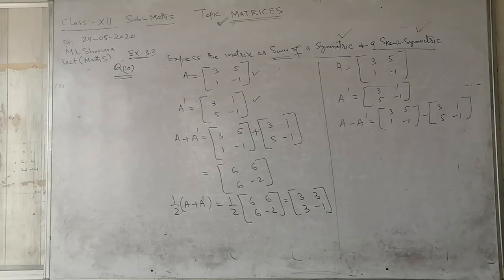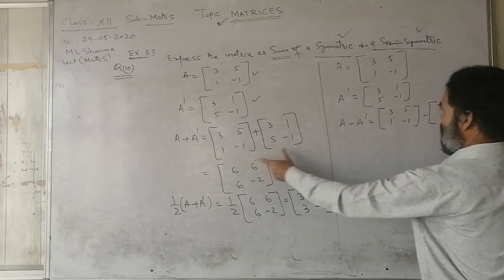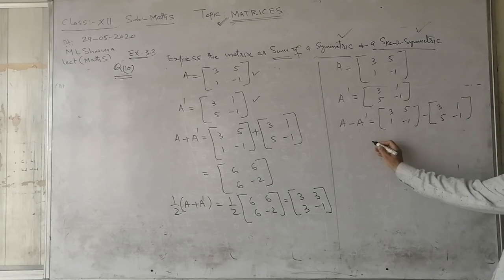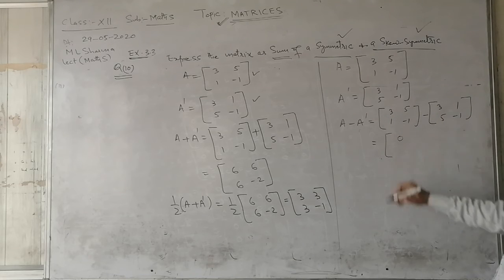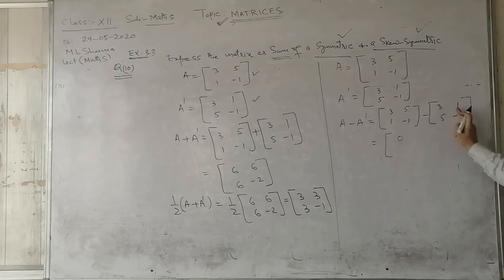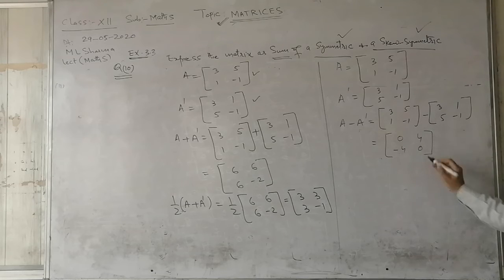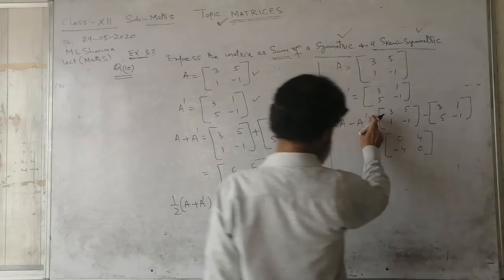In the previous case I added these two matrices. In this case I subtract: 3 minus 3 gives 0, 5 minus 1 gives 4, 1 minus 5 is minus 4, and minus 1 minus minus 1 gives 0 here. So this is A minus A transpose.